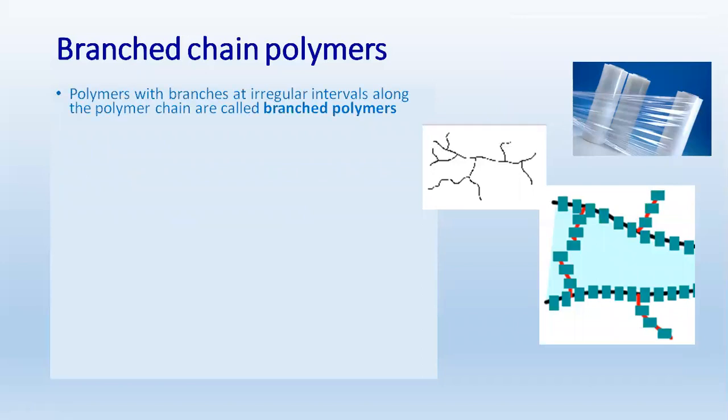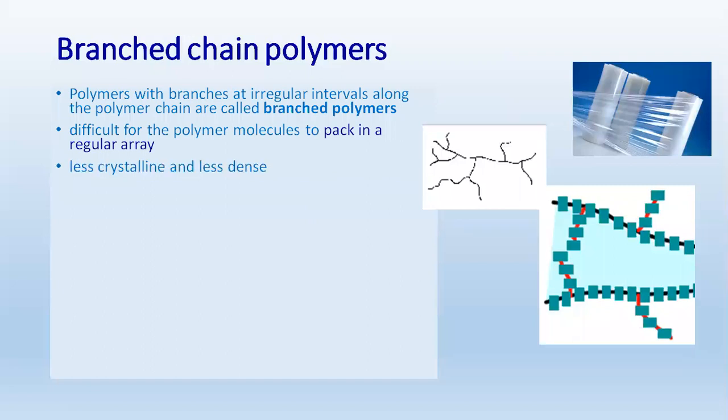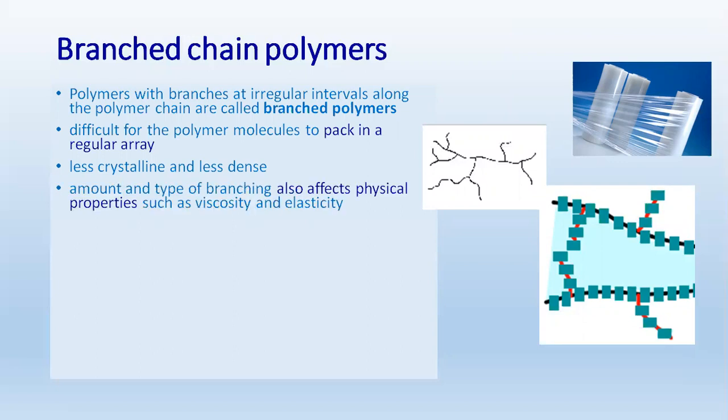Branched chain polymers. Polymers with branches at irregular intervals along the polymer chain are called branched polymers. It is difficult for the polymer molecules to pack in a regular array, so they are less crystalline and less dense. The amount and type of branching also affect physical properties such as viscosity and elasticity.